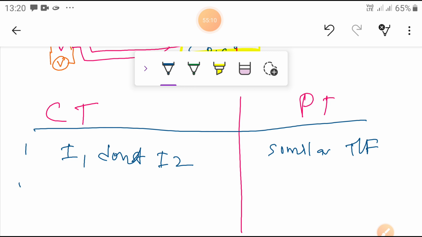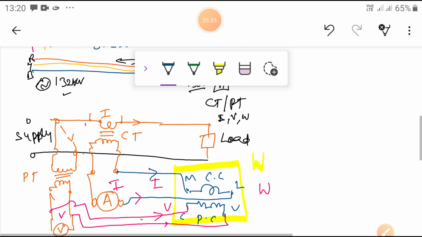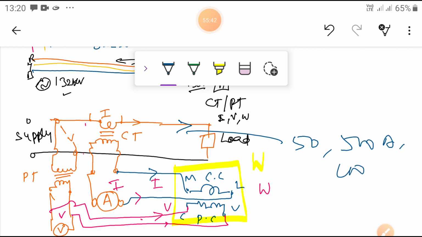And second point, in case of CT, it is connected in series with the line and a small voltage exists across the terminals. However, CT carries the full line current. The CT is connected in series, so whatever the line current is, that equal current flows through the load, maybe 50 amperes, maybe 500 amperes, or maybe 1000 amperes.